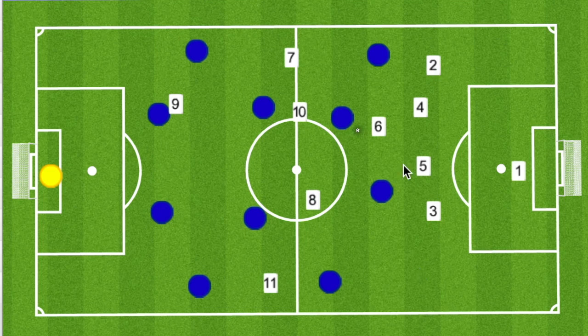So then we keep a strong line here, and our center back is here because we want to create a 3 versus 2 situation, whereas on this other side we have a 2 versus 1 situation, and if this player comes back, then our number 11 should be on his or her way back. So that is one of the things that we have there.